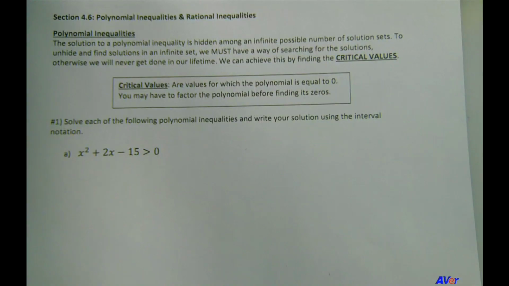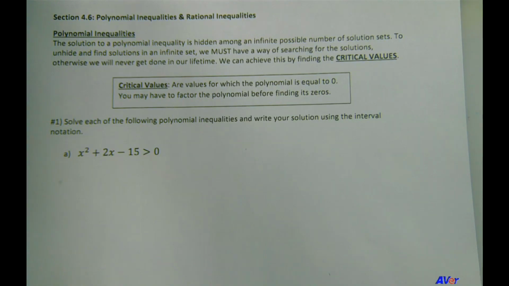When we solve polynomial inequalities or even rational inequalities, there are values for which these expressions are either 0 or undefined. Polynomials are always defined, right? We learned that before. So polynomials are defined everywhere in the plane.